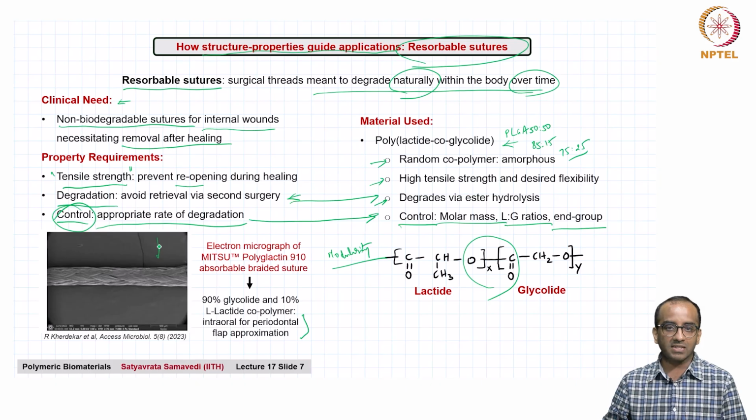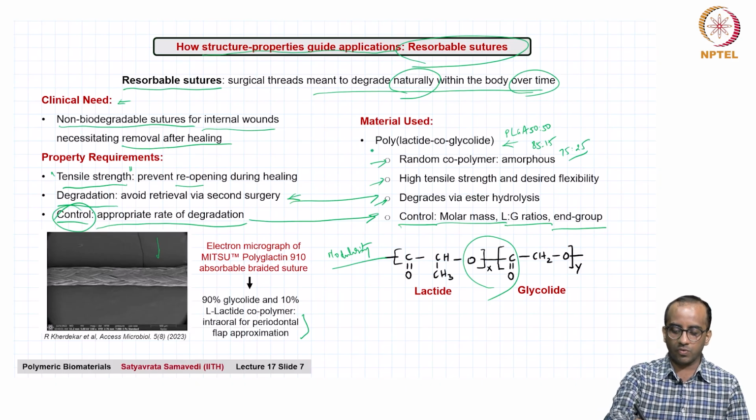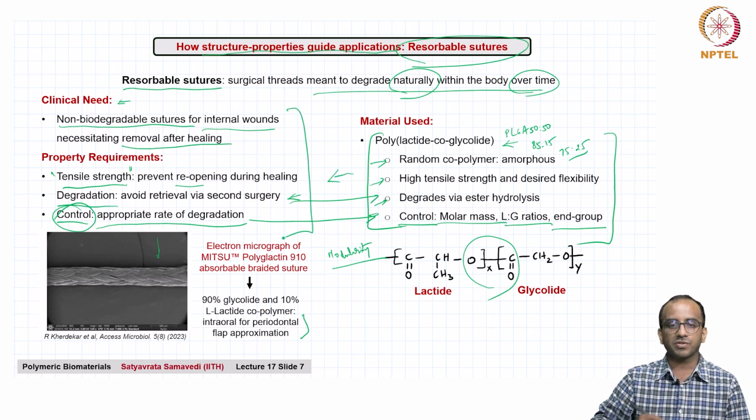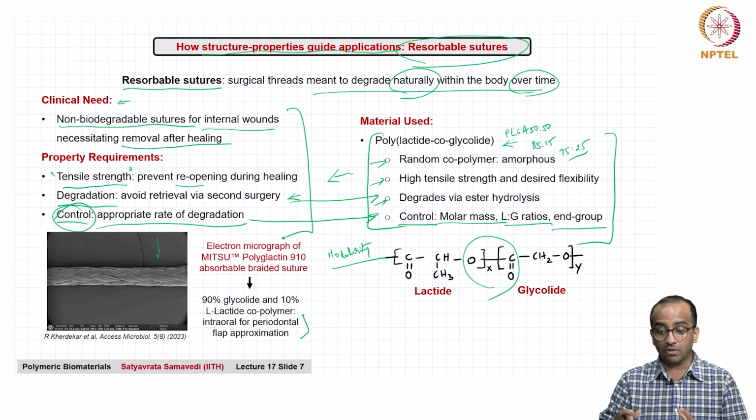So, here is a good example of how structure properties, which is what we have on the right here, guide function performance in the context of a resorbable suture. The key aspect that we are looking at is degradability while not compromising mechanical properties and flexibility.